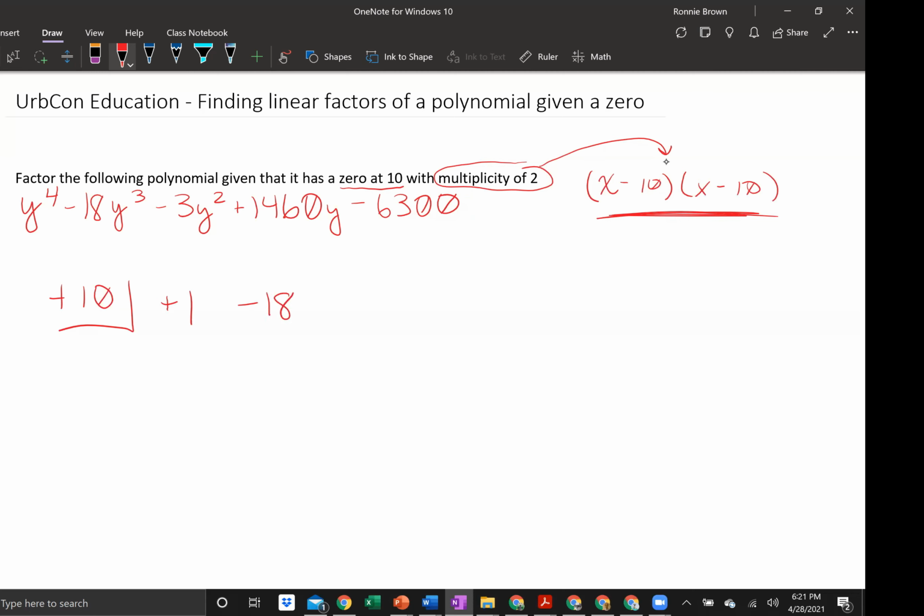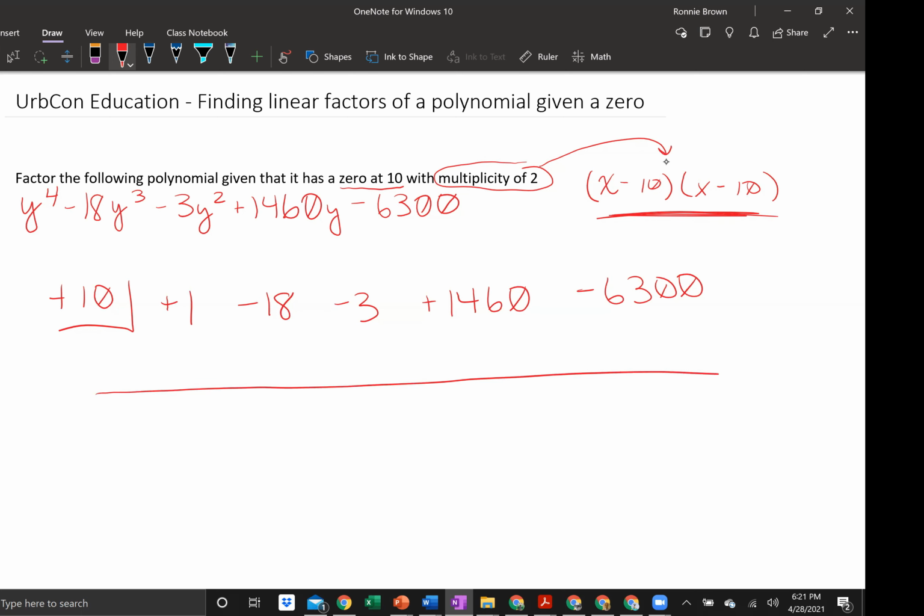In front of y to the 2nd is a negative 3. In front of y to the 1st is positive 1,460. And the constant is negative 6,300. It seems to be going down in descending order. There are no exponents missing, so I need no placeholders. So I go ahead with my synthetic division.